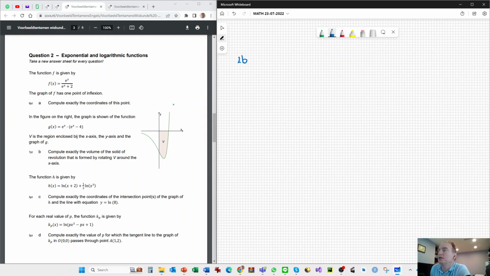Okay, so we set g(x) equal to 0, which means e to the power x times e to the power x minus 4 is 0. Okay, not too difficult. That means e to the power x is 4. And from some of the basic rules also in the materials, that means that x is the log of 4.